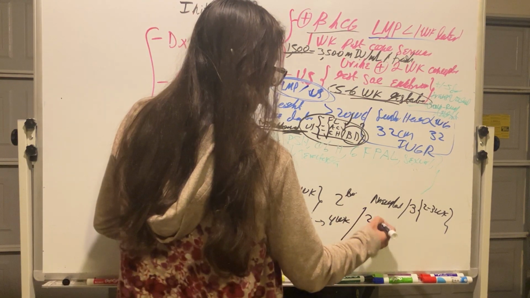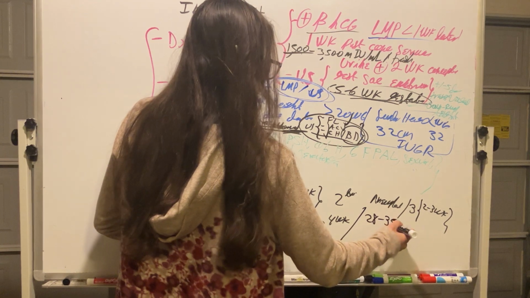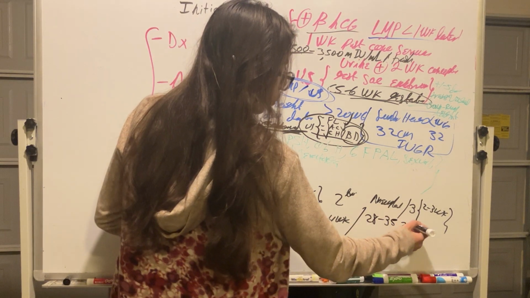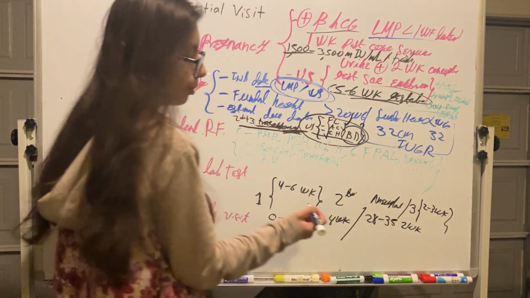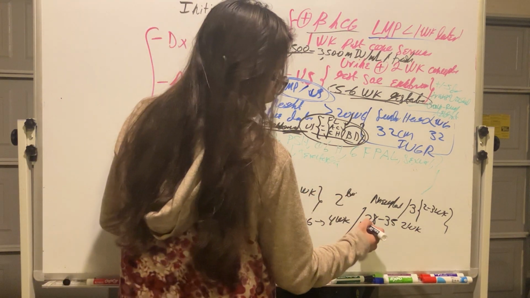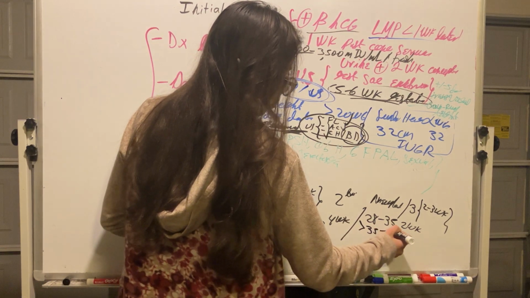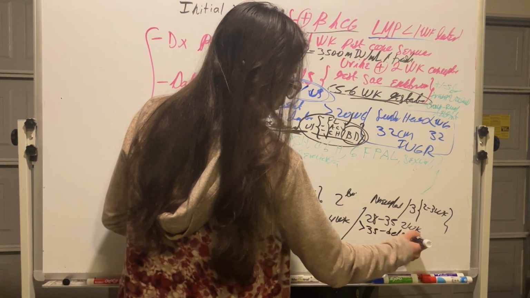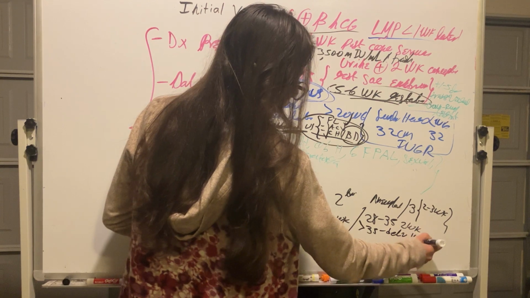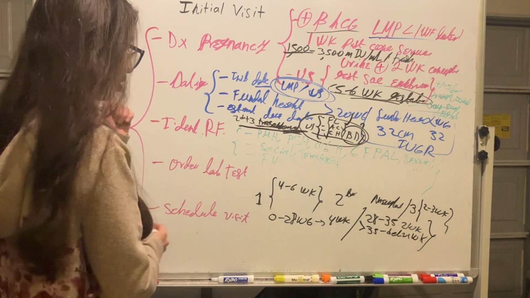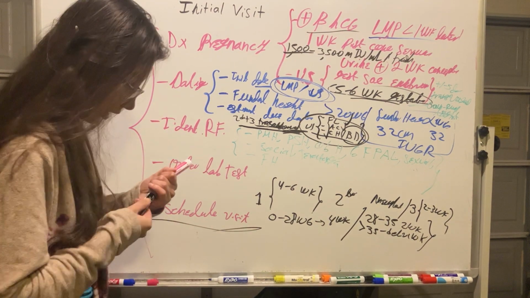From 28 to 35 weeks gestation, every 2 weeks we are going to schedule the patient. And after 35 weeks up to delivery is going to be every week. So this is how we schedule next visits.